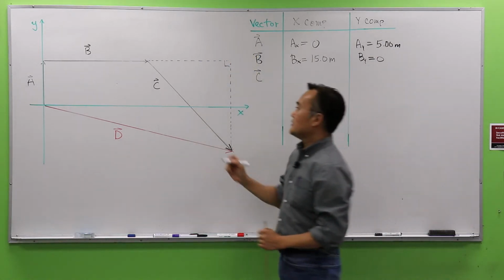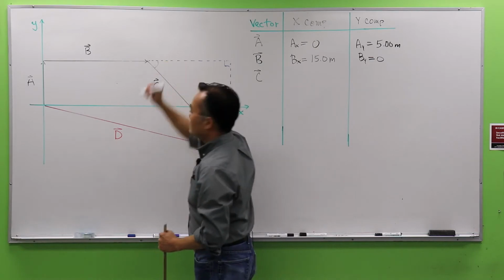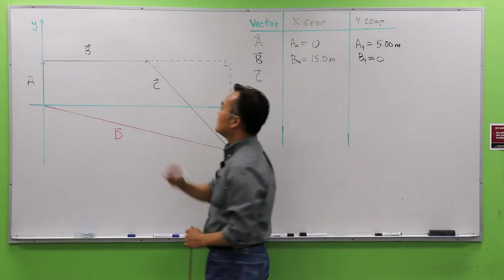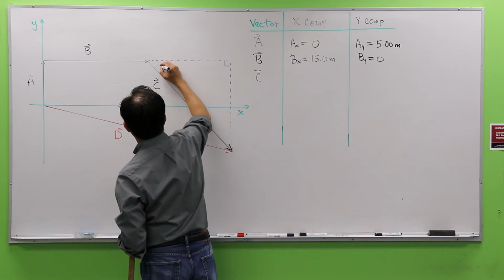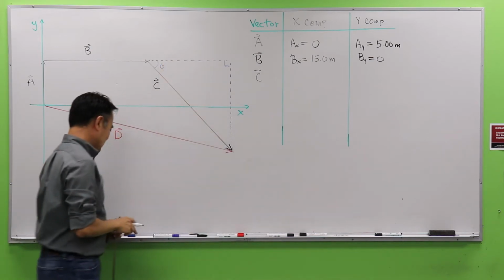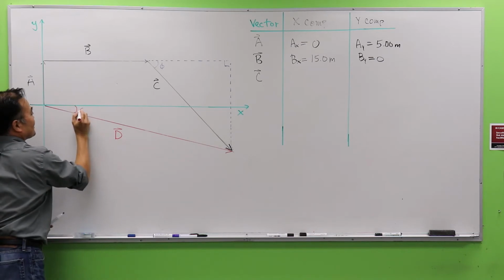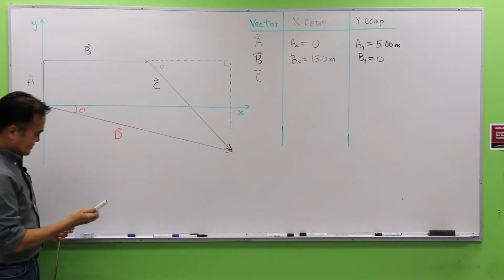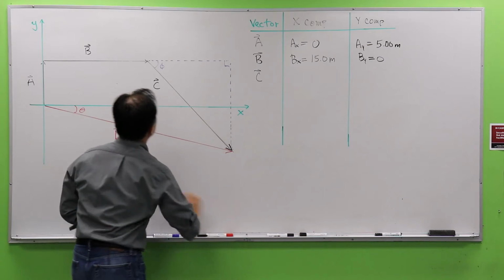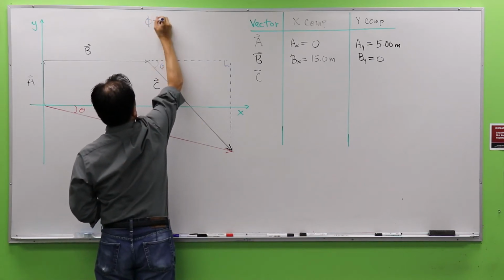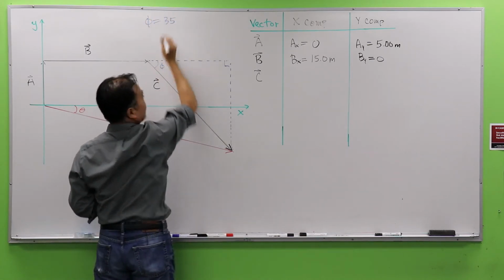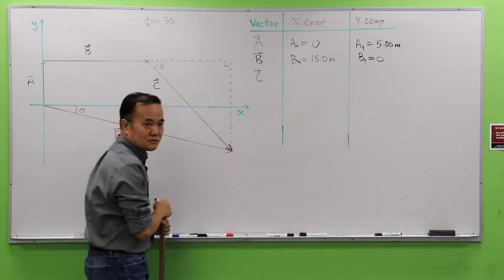We are given that this angle is 35 degrees, so I'm going to give this a symbol phi, because theta is already taken. They want you to call this theta. So phi is 35.0 degrees.